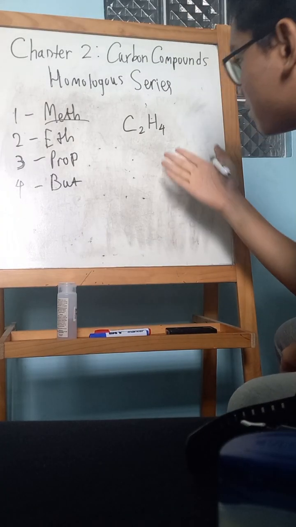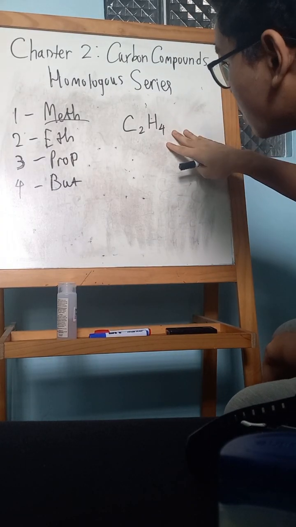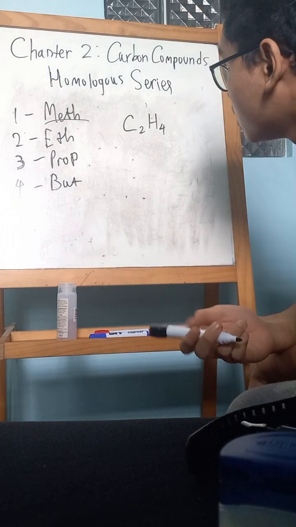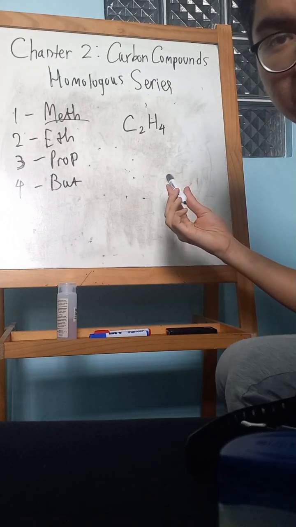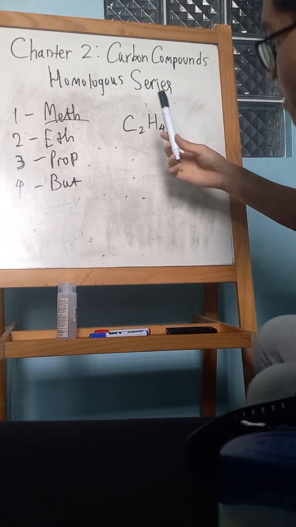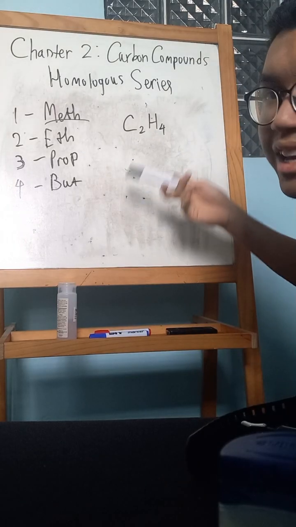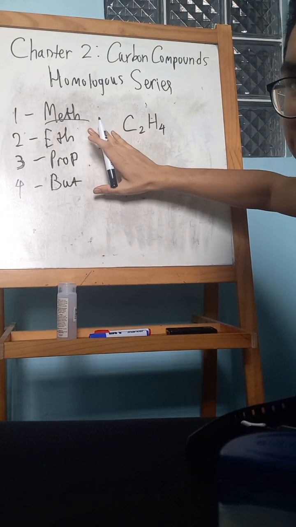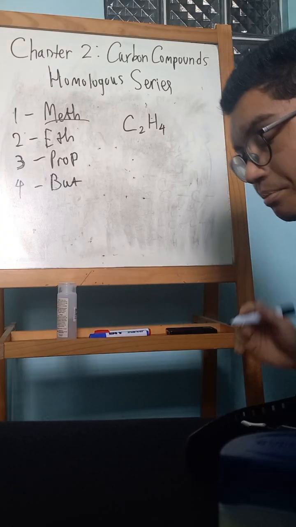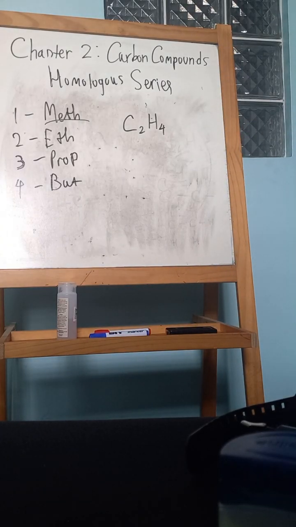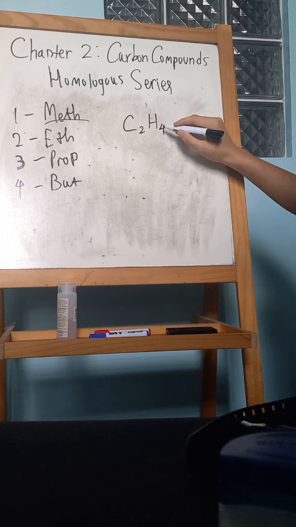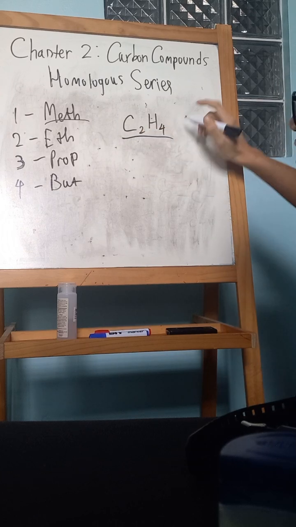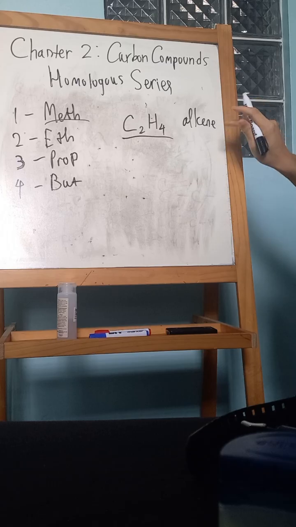I've shown this compound a lot recently, so I want you to name it. What homologous series is it? Basically, what family is this? And what is the name? This is called the prefix. What is the prefix? What is the homologous series? If you said that this is an alkene, you'd be right.